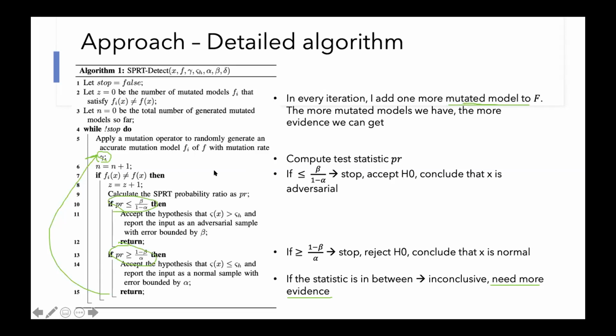Yes. And so they start with 0 mutated models. Yeah. I add one more mutated model. Suppose given one mutated model, and this model is sensitive to all the adversarial samples, then the algorithm stops. Yeah, stop.